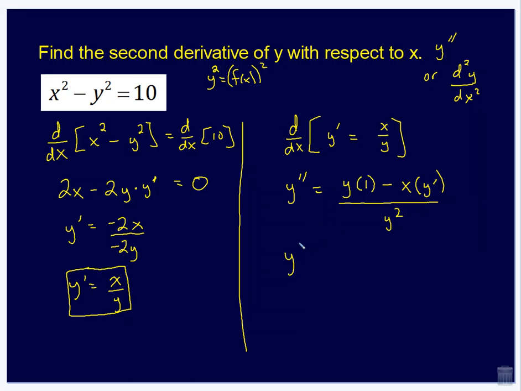And so let's take a minute here and notice that I worked out y prime earlier, so I have something I can substitute for that. So it'll be y minus x times the fraction x over y, all over y squared.